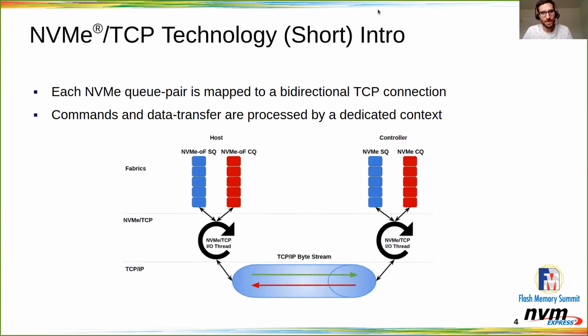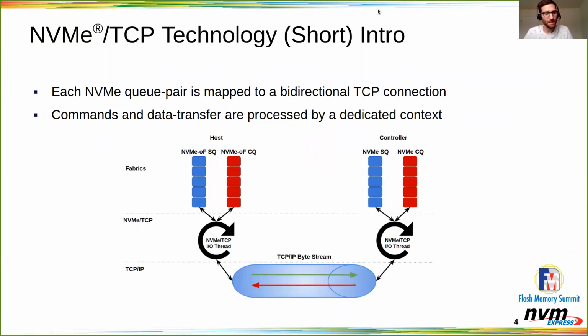So how is a queue processed by NVMe over TCP, or how is it defined in NVMe over TCP? Basically, each queue maps to a bidirectional TCP connection, and command and data transfers are usually processed by a dedicated context, be it in software or somehow in hardware. In the diagram here, on the left-hand side, we have the host that has a queuing interface to the NVMe transport itself, with a submission queue and a completion queue.